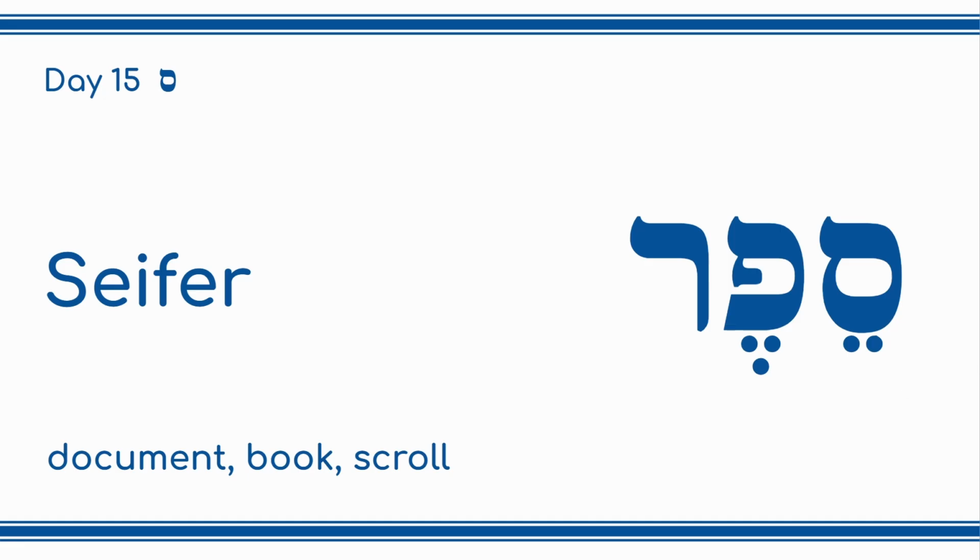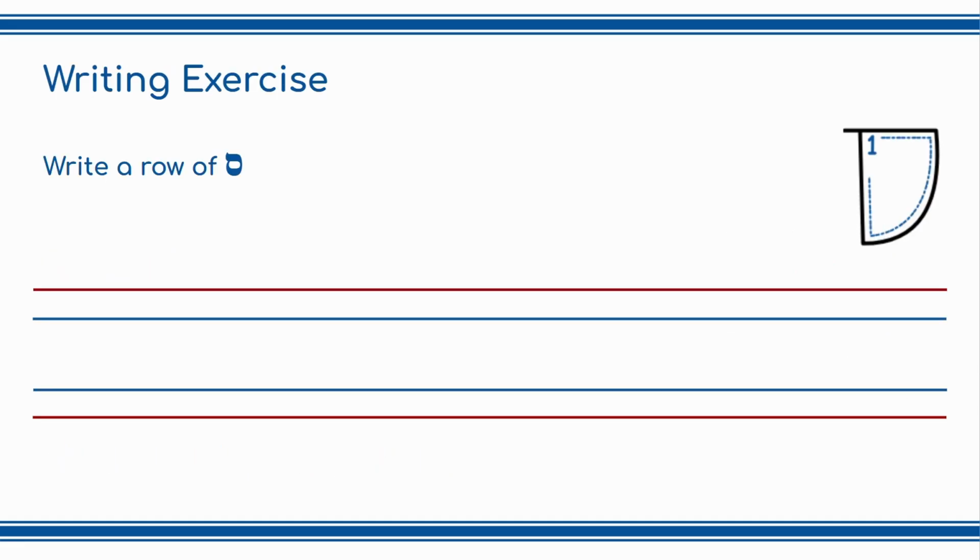Okay, moving on. We're going to write the letter Samekh. It looks kind of like Mem Sofit, where you start with a line, but instead of going straight down, you curve it, and then you draw a line going up. Make sure when you write it, you actually curve it.